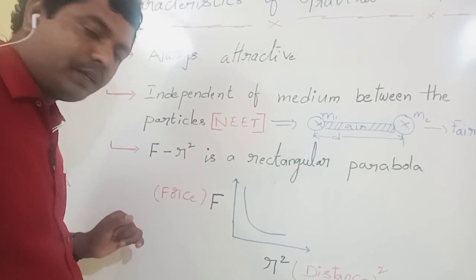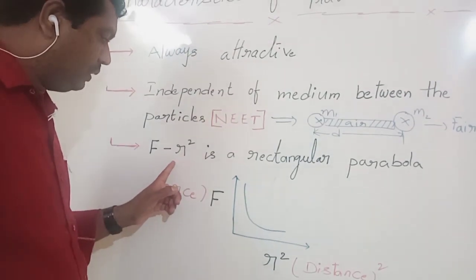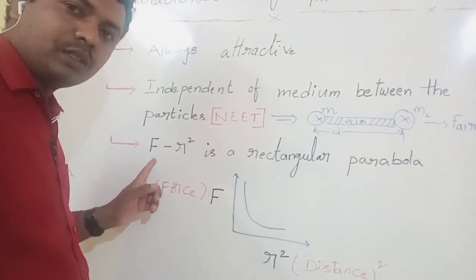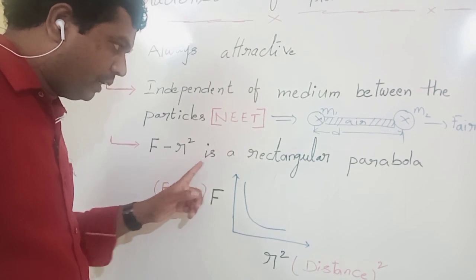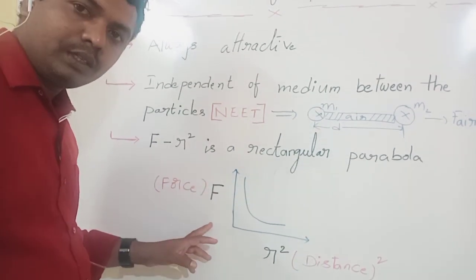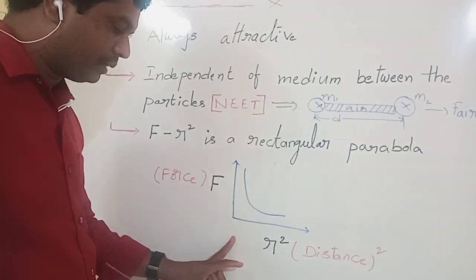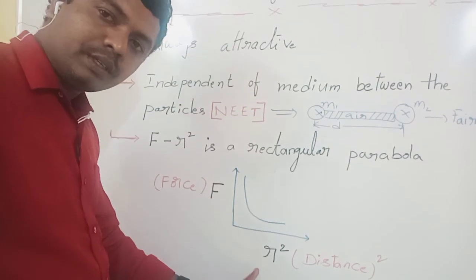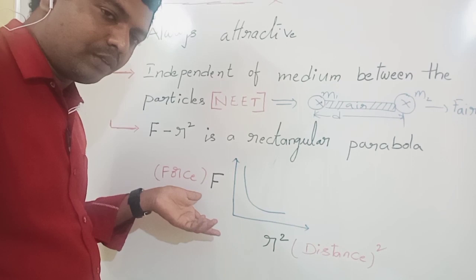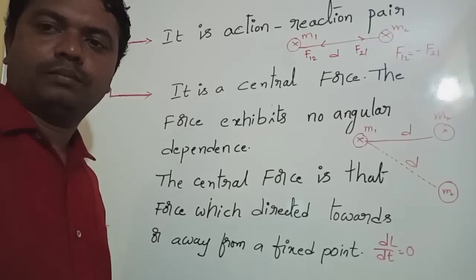Coming to the next one, the force versus distance: if you plot the graph of force versus distance square, it is a rectangular parabola, as shown in the figure. Along the y-axis we take the force, and along the x-axis the square of the distance. The graph looks like a rectangular parabola.